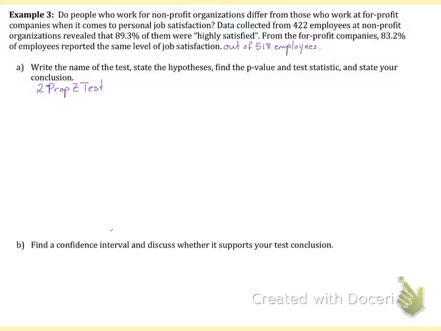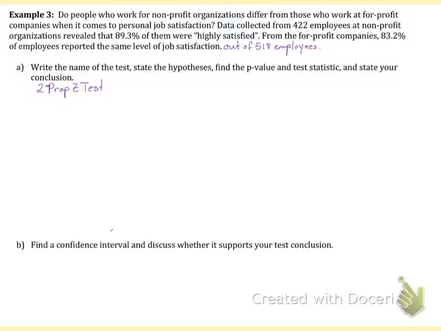So if we take 422 times 89.3%, we're going to get a success rate that's higher than 10. And then subtracting that value from 422, we'll get a failure rate of also higher than 10. And the same thing will happen when we look at the second sample. So I want to get into actually performing this hypothesis test.